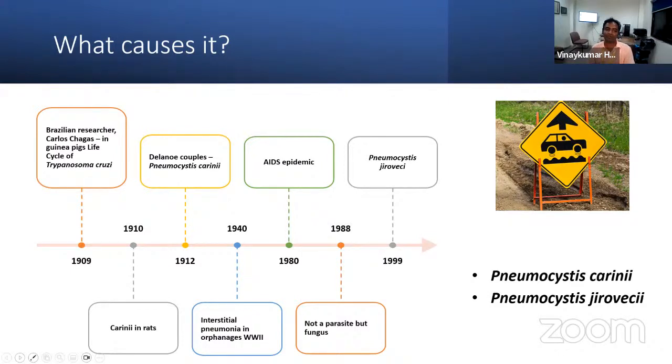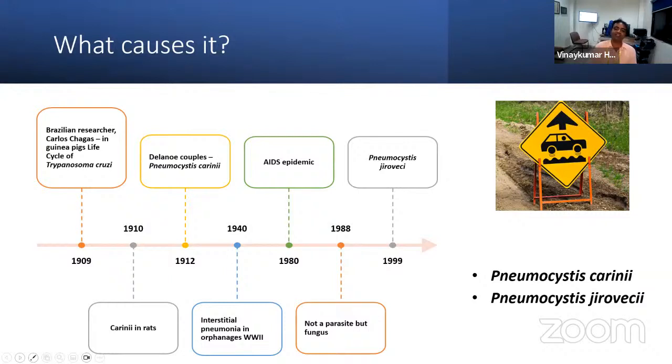And this prompted them to identify it as a separate new species, and they named it Pneumocystis carinii in honor of Carini, who sent the samples. Subsequently, there was not much mention of it except for a few reports of it causing interstitial pneumonia in malnourished children in orphanages during World War II.